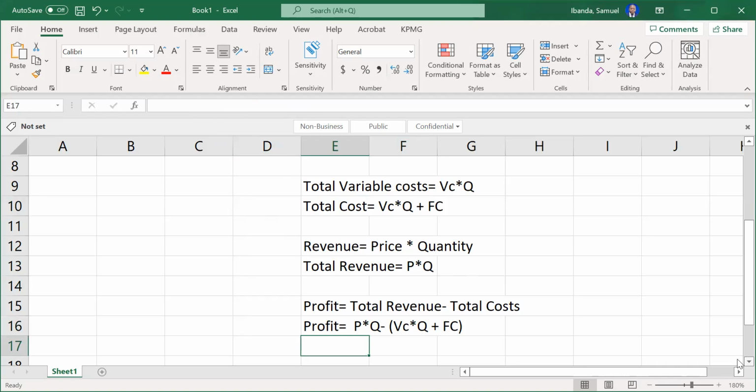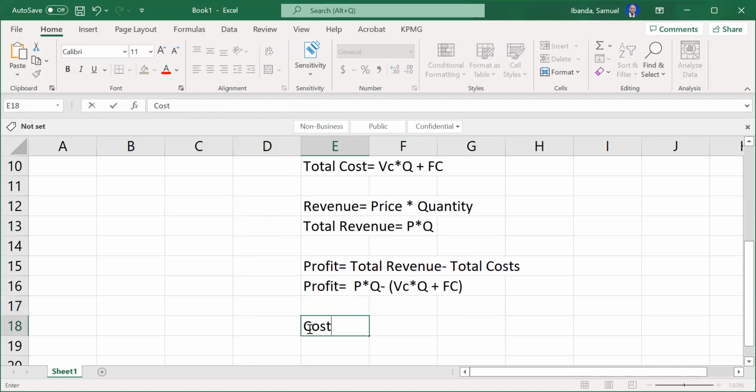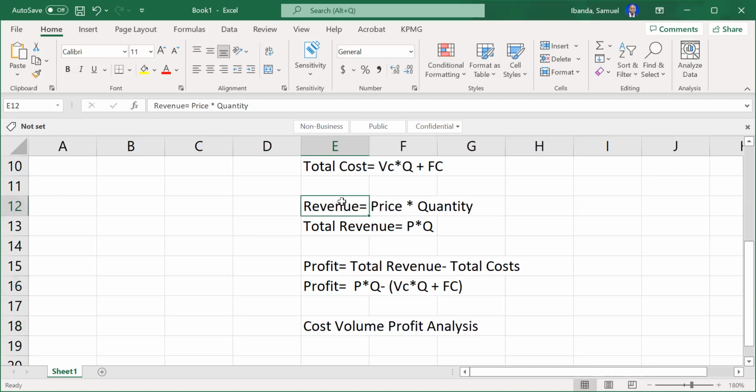Now, the CVP analysis, which is cost volume profit analysis, is saying that profit basically depends on volume. This volume is an independent element.